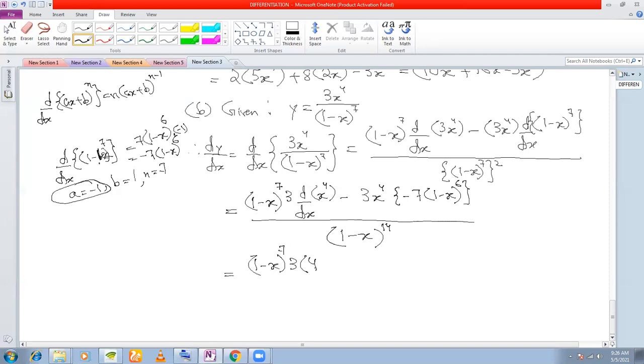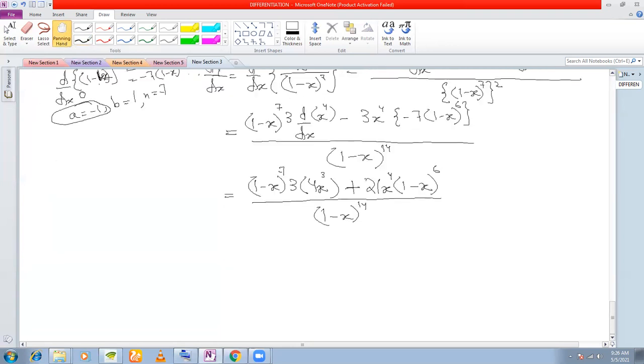You already got a 3, so this will become 4x cubed, minus and minus combine to become a plus, and you get 7 into 3 is 21, 21x to the power of 4 into (1 minus x) to the power of 6 divided by (1 minus x) to the power of 14.